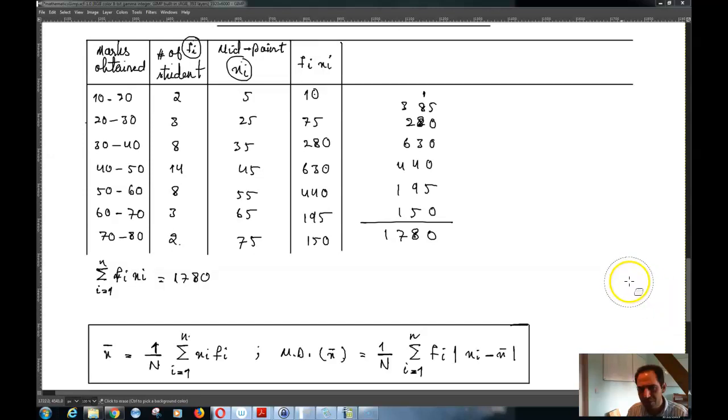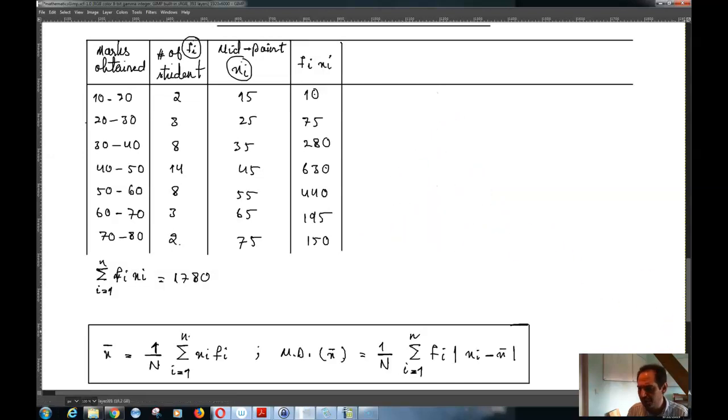It seems that I made a mistake. Oh, that's a 15. Okay, that's a 15, and then I added 10 over here. 15, 25, 35, 45, 55, 65, 75, and 1790, it's supposed to be 1800. So let's do this again.